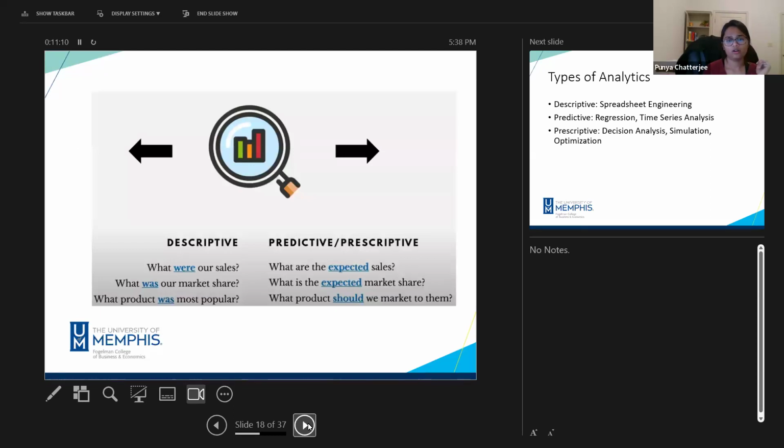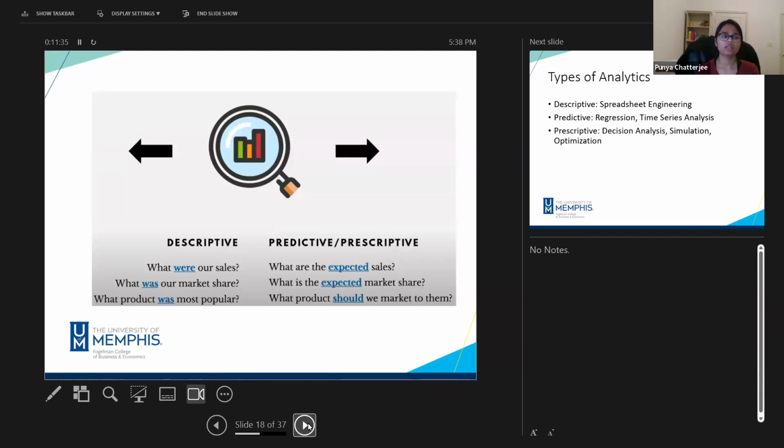Let's say we are just looking at a product at a particular company. If your manager is asking questions like, what were your sales last quarter, the way you would answer this question would be to use descriptive analytic tools, right? Because you might show them a chart or just give them a number.